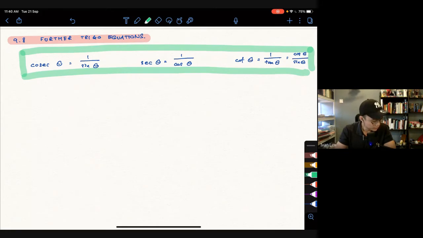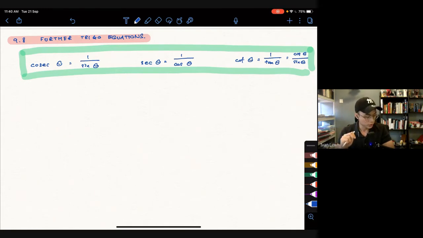Okay? So, okay. Then after that, in terms of the identities, just now I mentioned that there are 3 trigo identities that you need to know. What we learned so far is sine square theta plus cos square theta equals to 1.